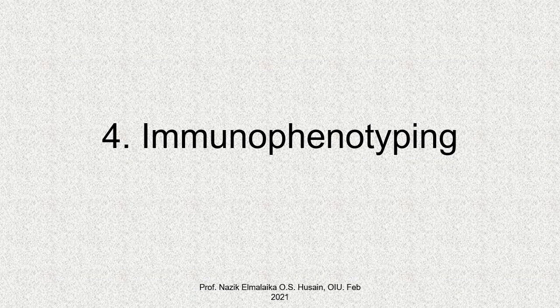Immunophenotyping is a process of detecting the phenotypic appearance of the cells or the types of the cells using antibodies. These antibodies can be labeled by fluorescent dye, and this is called flow cytometry, or by chromogenic dyes like immunoperoxidase, and this is immunohistochemistry.